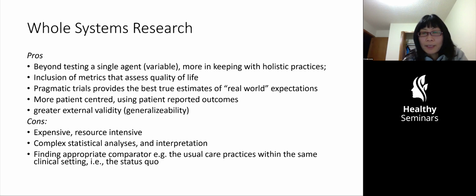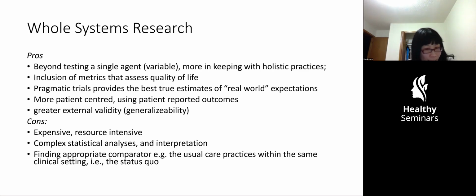And so the interpretation, again, can be complex and maybe multi-layered. And so the challenge is what can we use to compare whether a whole system of a practice is working or not. So you can appreciate the complexity in that.